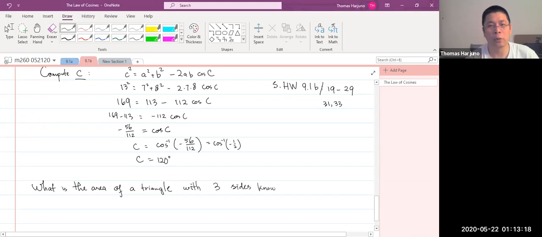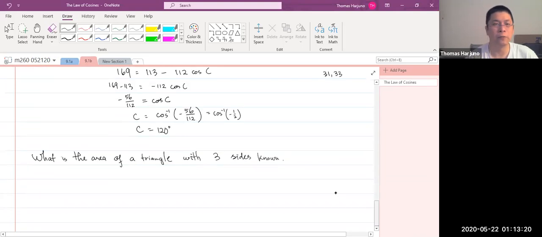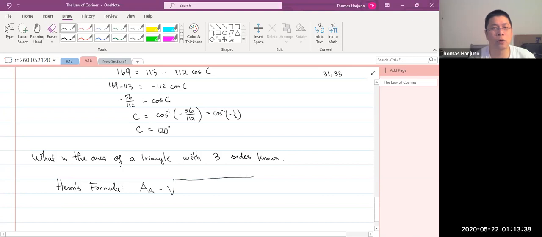Now, I will not do the proof anymore for this. I will just give you the formula, and it is called Heron's formula, that says that the area of a triangle is equal to the square root of S times S minus A times S minus B times S minus C, where S is the semi-perimeter.